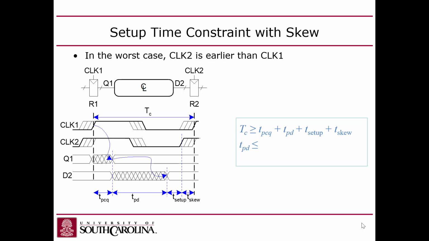But if you have skew, the effective clock period may be shorter because I may be generating output from a register that's on one spot on the FPGA and reading it from another spot on the FPGA or ASIC. And because of the skew, the difference in when the clock signal arrives at those two places, the clock period may appear shorter. So you have to consider the skew. You have to build in a cushion for the skew in there as well. So you have to add the skew.